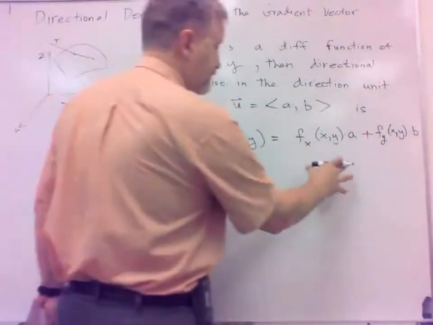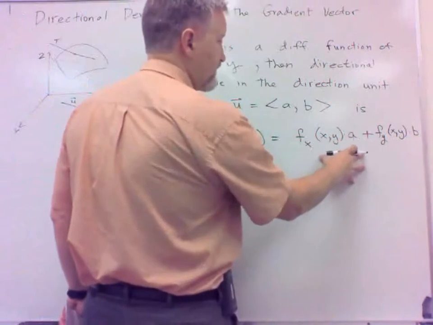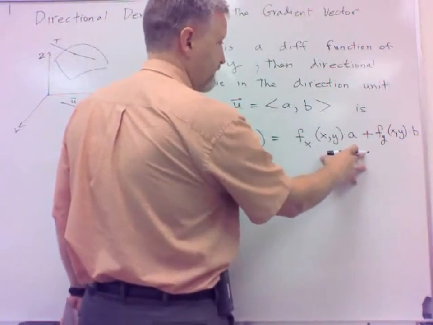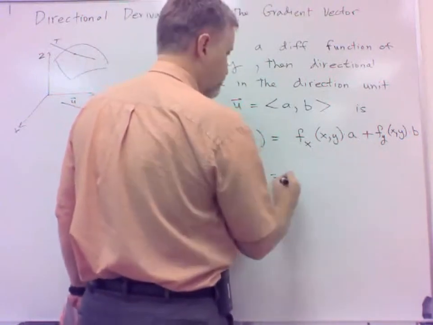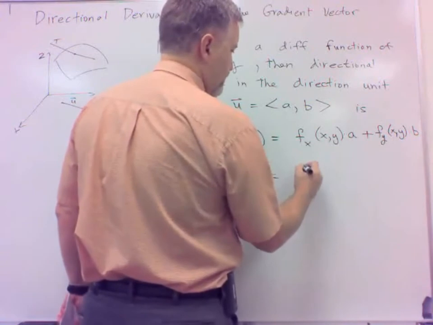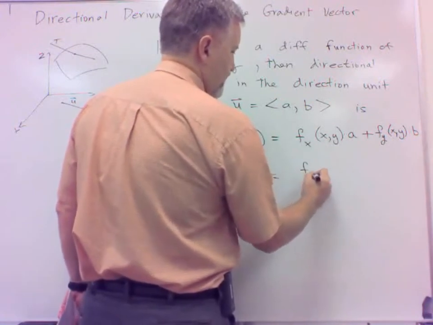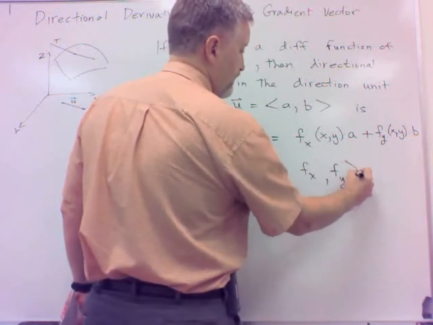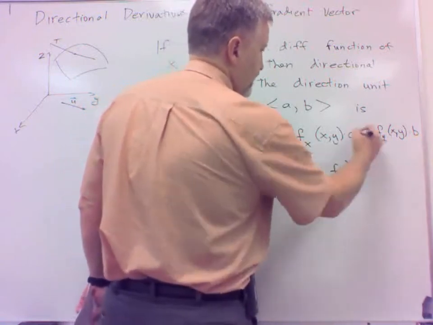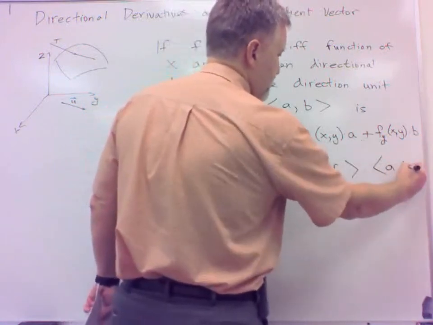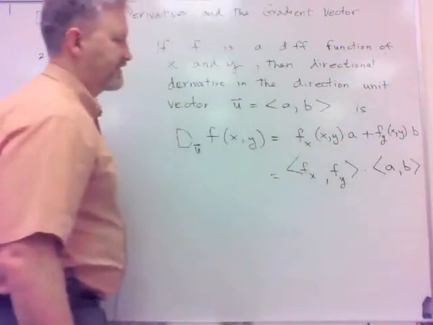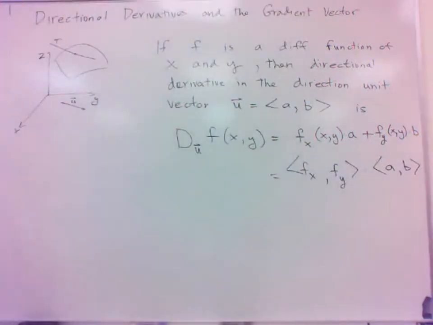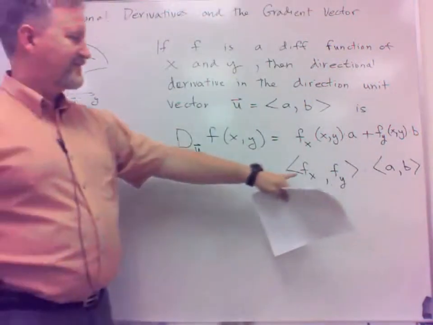we think about it here, this is a dot product of these two quantities. It's the partial derivative with respect to x, comma, partial derivative with respect to y, that vector, times the vector that would be a, b. But what is this?